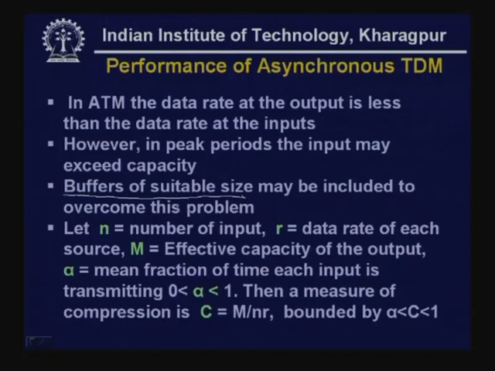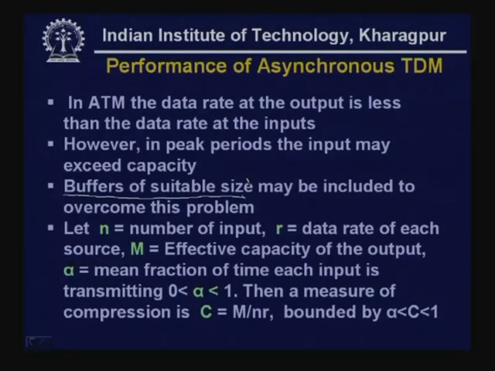This problem of asynchronous time division multiplexing is overcome by use of buffers. And obviously, there is a trade off between the buffer size and how much extra data can be stored, or what is the maximum data rate that can be supported. Maximum input data rate varies, output data rate is fixed.